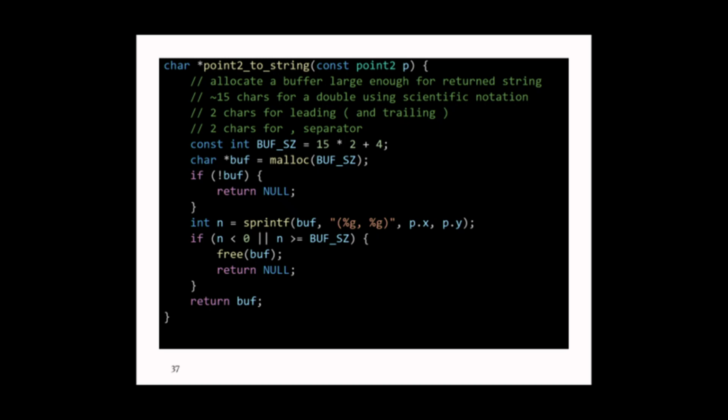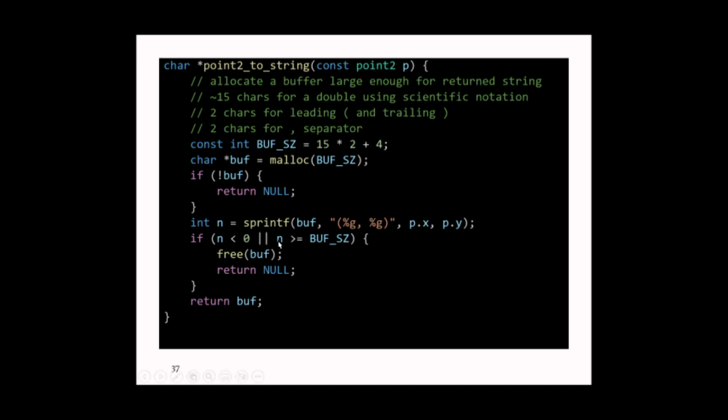Because when I return the pointer to that buffer, whatever is past the end of the array is not going to be there when the caller tries to use the buffer. So that's also an error. This should never happen, the second condition.